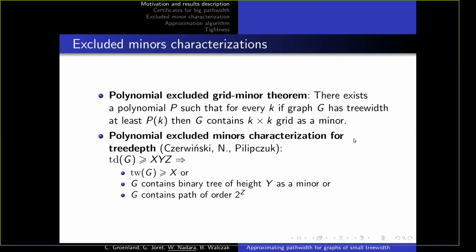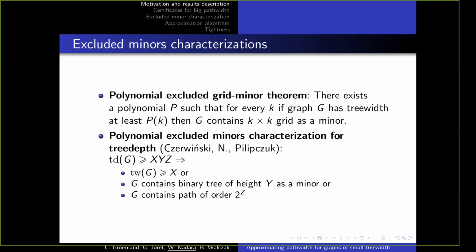Another result of this type regards tree depth. If you don't know what tree depth is, I will not define it because it's not that important for this presentation. But there is another result stating that if the tree depth of a graph is sufficiently big, then it either has a big treewidth, or contains a big binary tree as a minor, or it contains a long path.